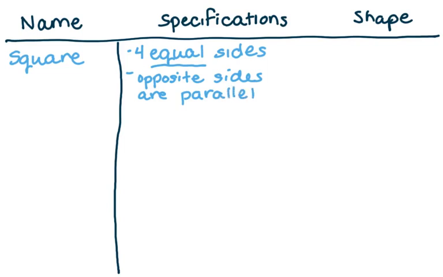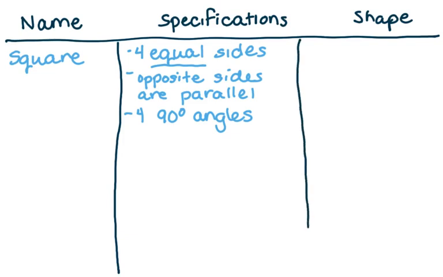And there are four 90-degree angles in a square. We worked on angles last week, well, the week before last. Okay, so you all know what the square looks like, but I am going to draw it.